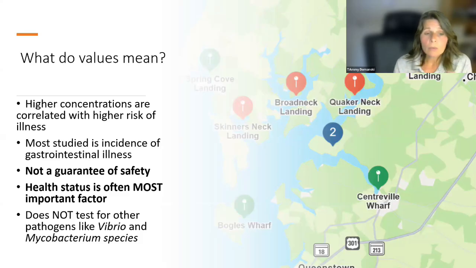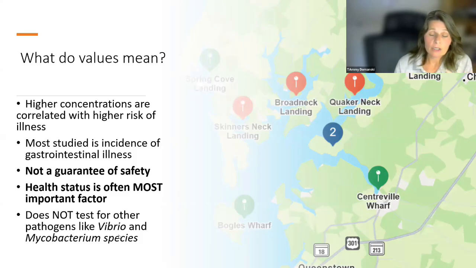Another thing that we always make sure that we say is that we test for one genus of bacteria, Enterococcus, right? That test doesn't test for other possible pathogens like Vibrio species and some of the Mycobacterium species and other genera that can cause infections. In some cases, there just is not good correlation between concentrations and illness.